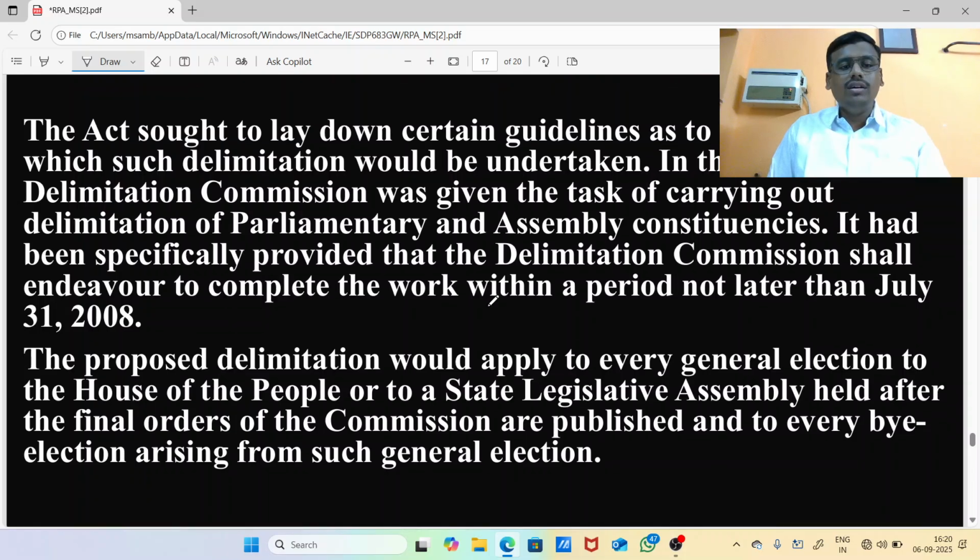And this act also provides certain guidelines in the manner of delimitation. It provides the task of carrying out delimitation of the parliamentary and assembly constituencies. It also specifically provided that the Delimitation Commission, which the Delimitation Act 2002 established, should complete its work by July 31, 2008, but the proposed work has not been fulfilled and it does not come into force.